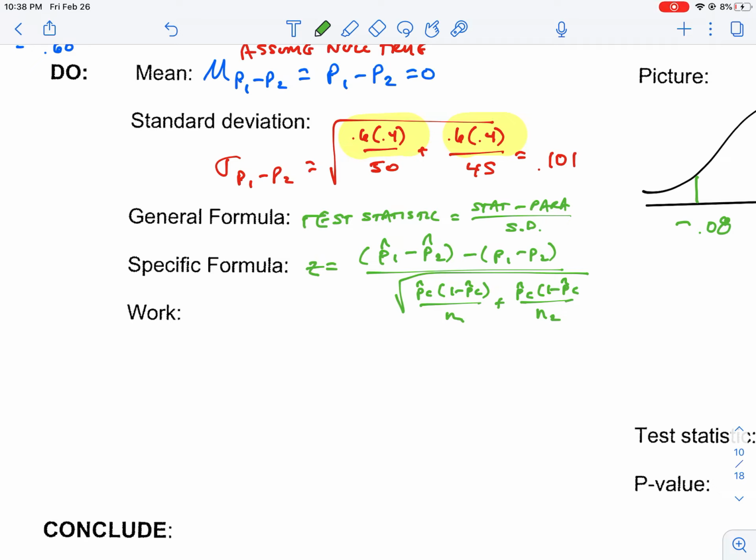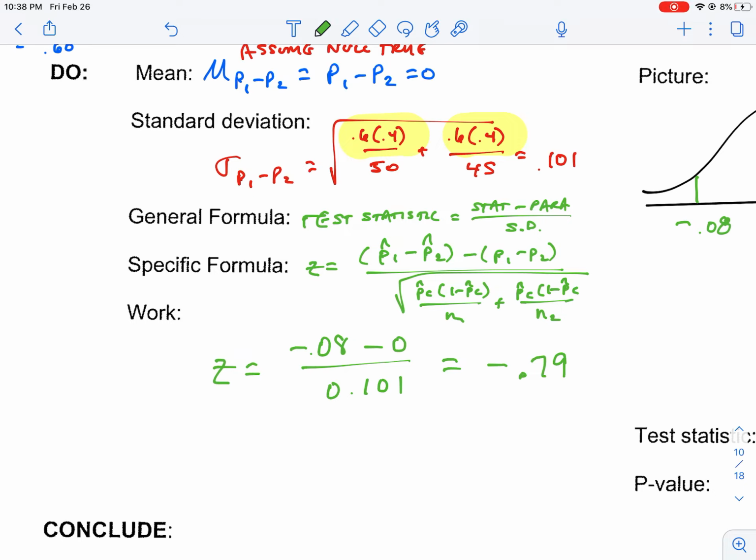When we actually plug in all these numbers, we get that z is equal to our difference, negative 0.08, minus our null, which is 0, over our standard deviation of 0.101. When you do this division, you get negative 0.79. So think about what that means in context. We are less than one standard deviation below the mean. And so do you think that's going to give us a big probability or a small probability?